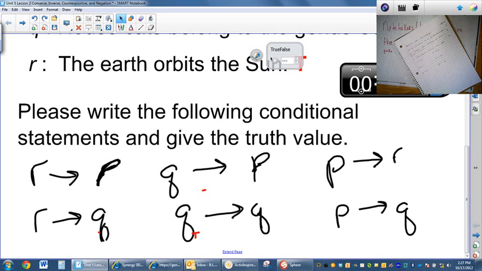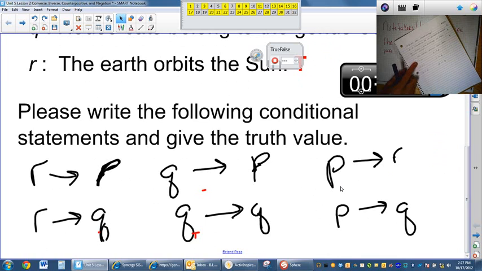If P, then R. Is it true or false? So like right now, you would just fill in, tell what we're talking about. So we gave you the answer to this one. That was true.